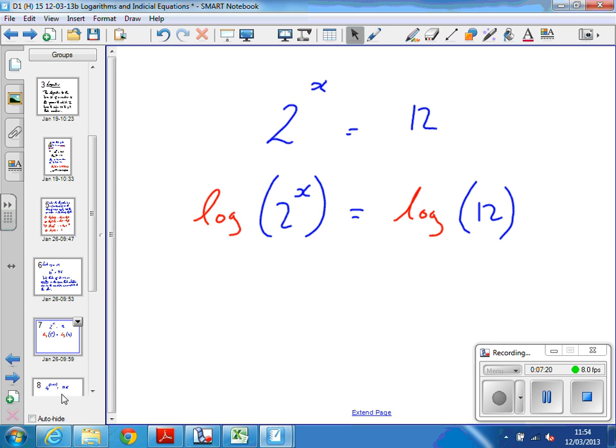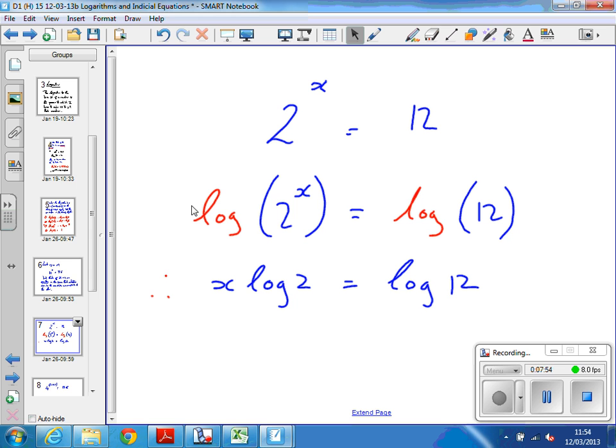Now, if you remember the laws of logarithms that you've just written down, that third one, which is the key one, tells me that a power comes down and becomes a multiply. So that x can now come down and go in front and become a multiply. So therefore, x times the logarithm of 2 equals the logarithm of 12.